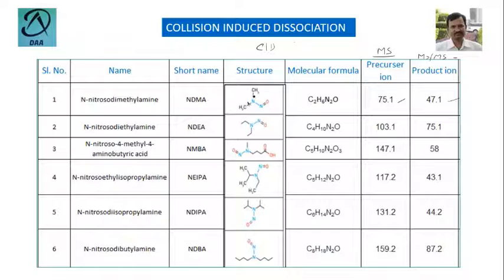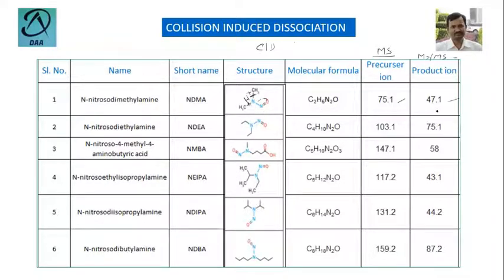So these two bonds, where the nitrogen is attached to the alkyl groups, in this case the CH3 groups, will be broken due to the collision-induced dissociation. And if you remove these, and in addition put the H to maintain the valency of the structure, and in addition 1 plus H plus will be added as usual, as already added for the precursor ion.